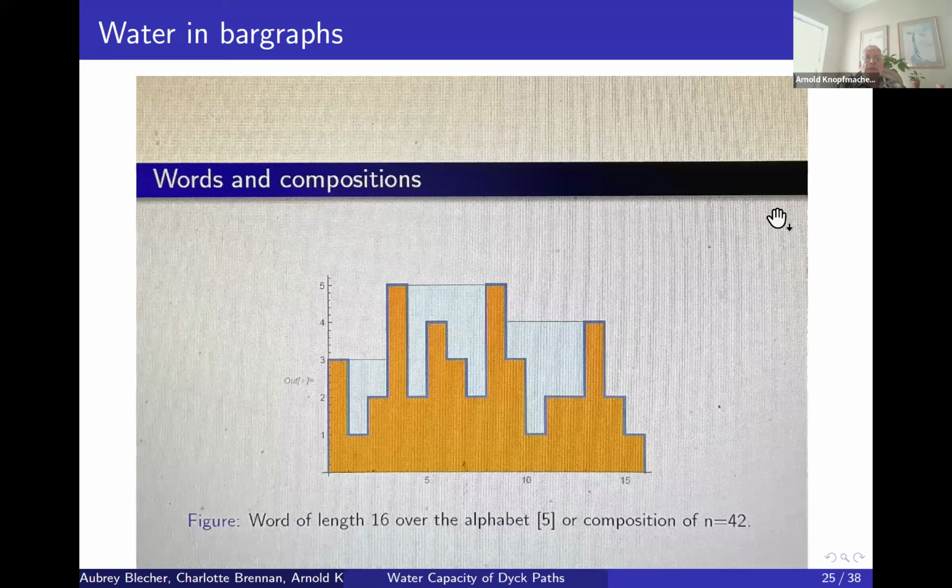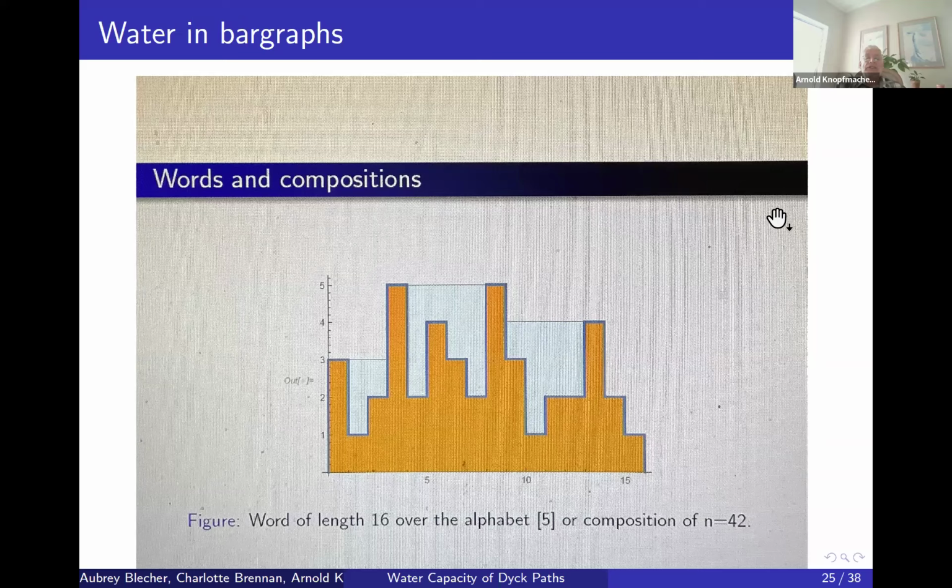Now, in the last 5 minutes, I briefly want to talk about the water problem for other combinatorial objects. So in particular, here is a picture of what you can either consider to be a word or a composition.